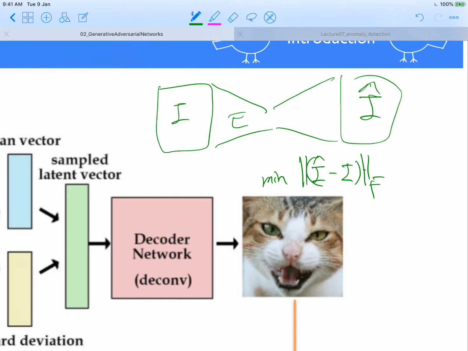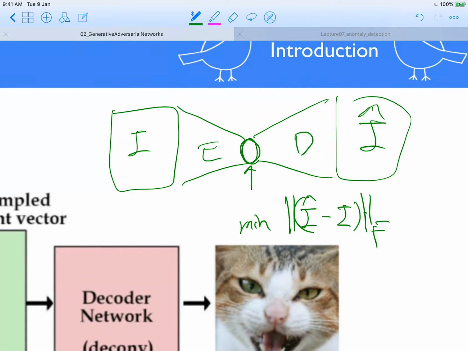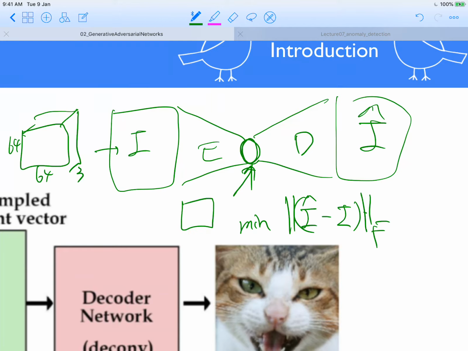The main task that should be achieved when training this autoencoder is this: given this bottleneck part, it has a much smaller number of values. For example, the input is maybe 64 by 64 with 3 channels, and at the end of our encoder it could be 8 by 8 with maybe 16 channels.